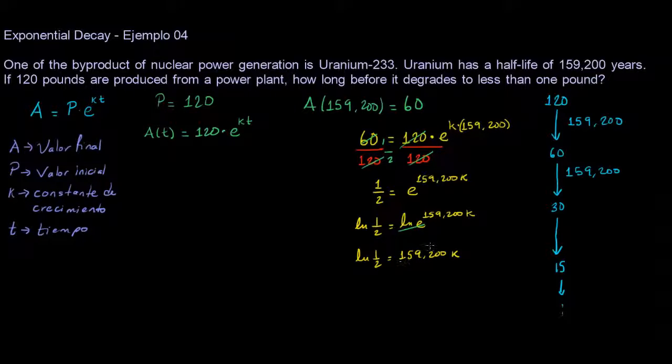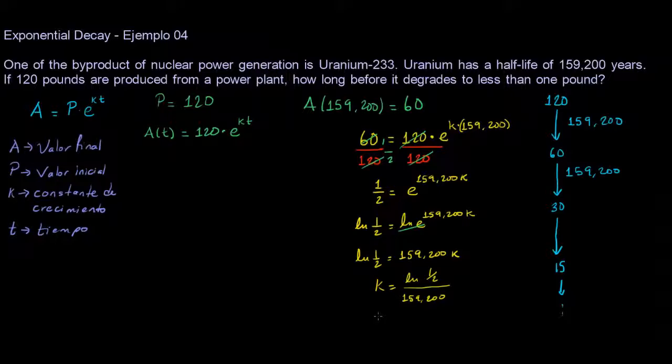Now we can divide both sides of the equation by 159,200, and we get the natural log of 1/2 over this number.